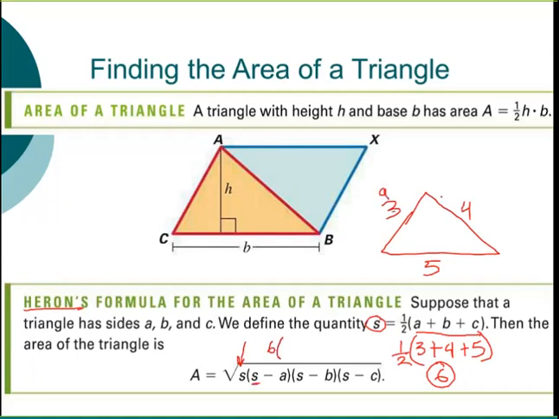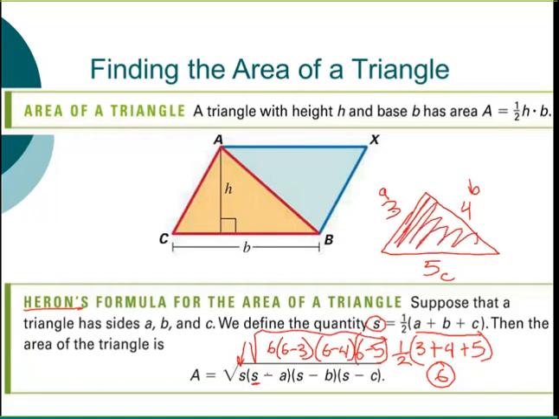Basically I'm just calling the sides A, B, and C, is all that this is doing. Here we have 6 times 6 minus 3, times 6 minus 4, times 6 minus 5. If I square root that, that will tell me the area inside this triangle.